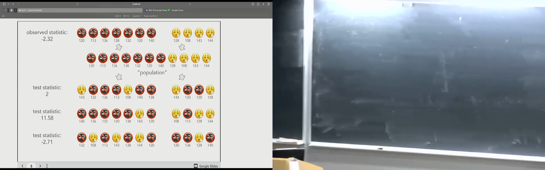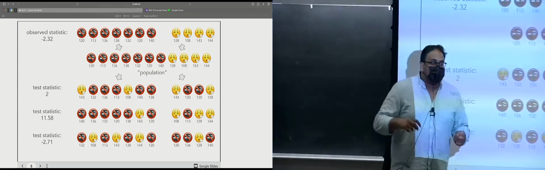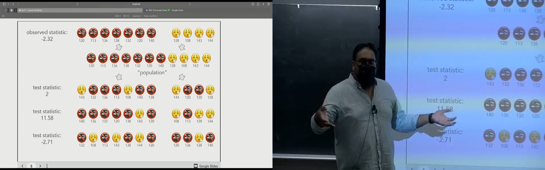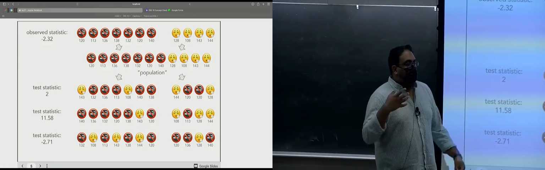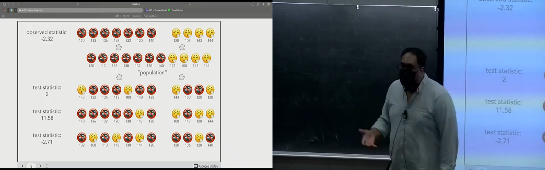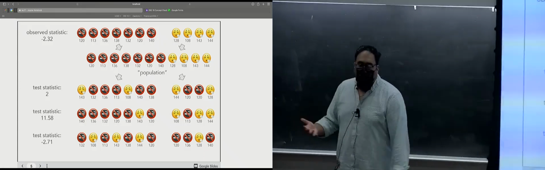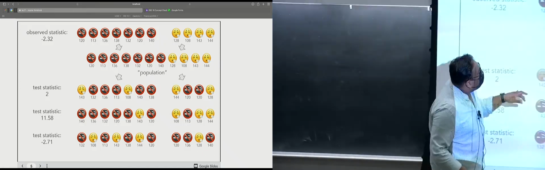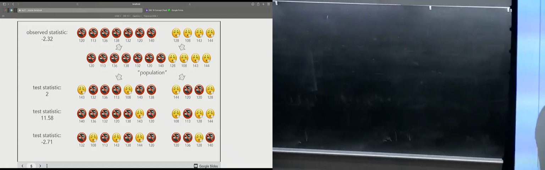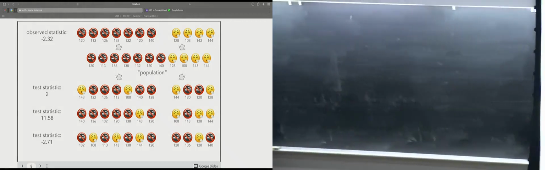The only reason I'm doing all of this is to generate new samples that look like they came from the population, so I can generate test statistics. And under the null hypothesis, whether the baby's mother smoked or not has no bearing on the weight, and so I can just ignore whether or not the baby's mother smoked for the purposes of generating these samples.